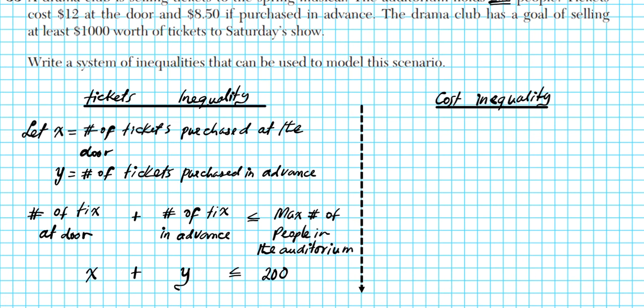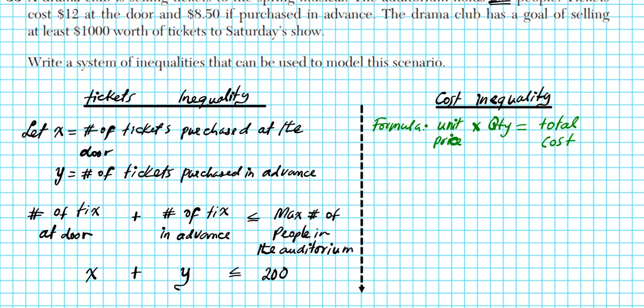Alright, so for the cost inequality, first thing we have to remember is the formula for cost. Basically, the unit price or cost multiplied by the quantity tells you the total cost. Okay?